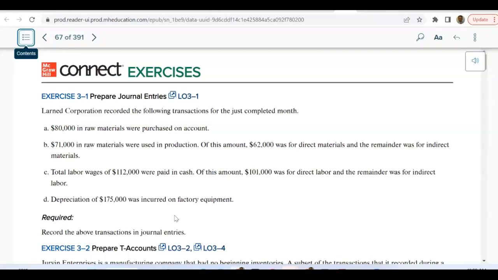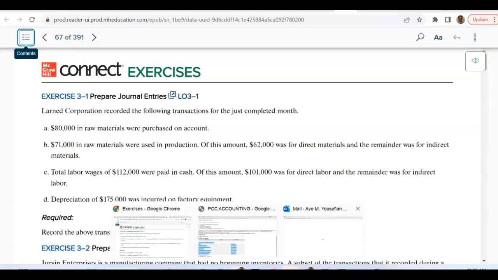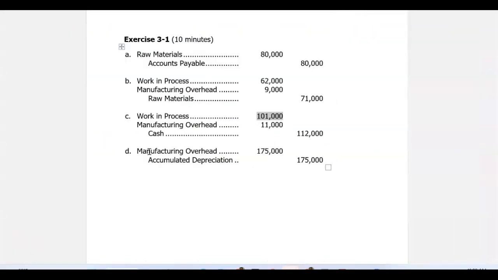Remember, in regular accounting that you learned before, for office equipment we recognize that as depreciation expense. But in a factory environment, we don't call it depreciation expense. We call it manufacturing overhead.